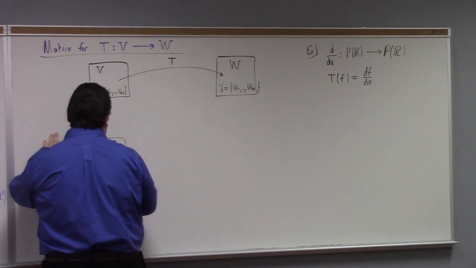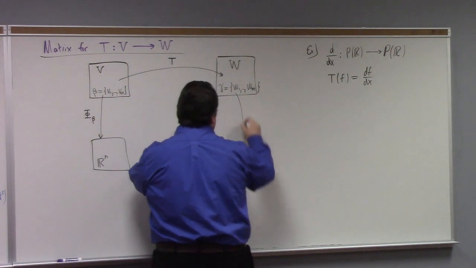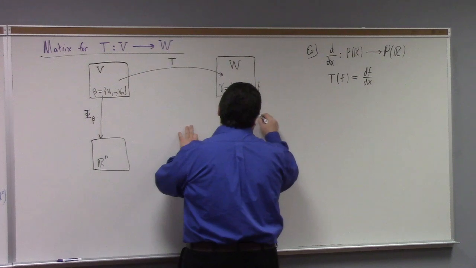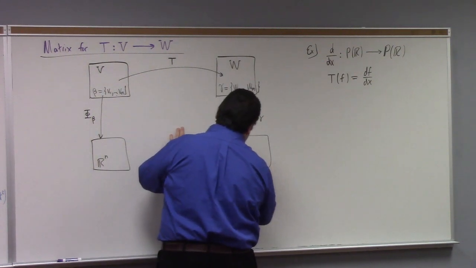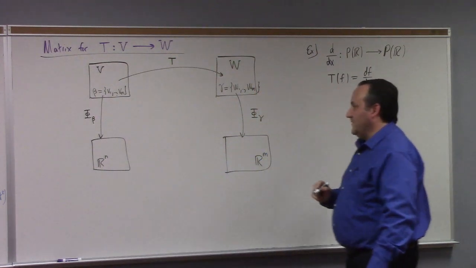That gets me down here to a copy of Rn as in nanu nanu. And I can take a coordinate map over here, phi gamma. That gets me down to a copy of Rm as in mama.